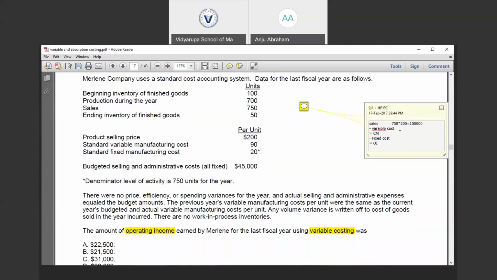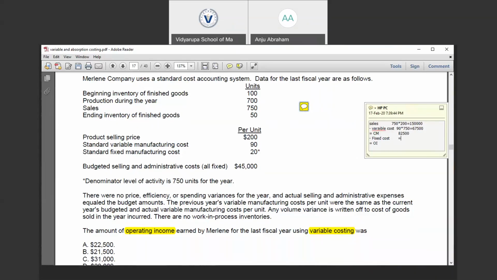Standard variable manufacturing cost is provided to us, 90. 90 into the number of units sold, 750. 90 into 750 equals 67,500. By subtracting variable cost from the sales, 150,000 minus 67,500, we get 82,500. And we need to subtract the fixed cost from this.